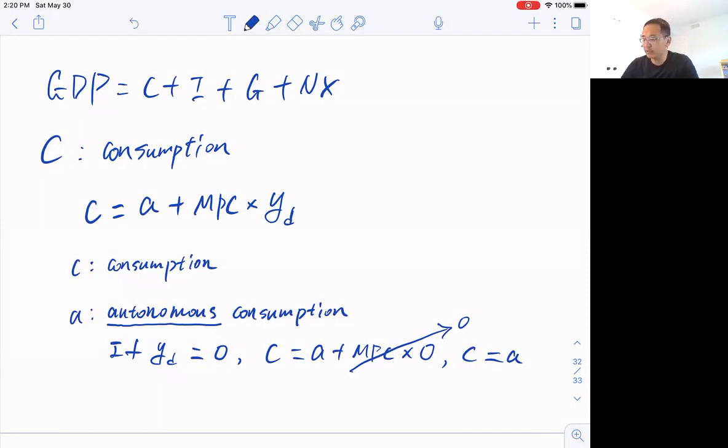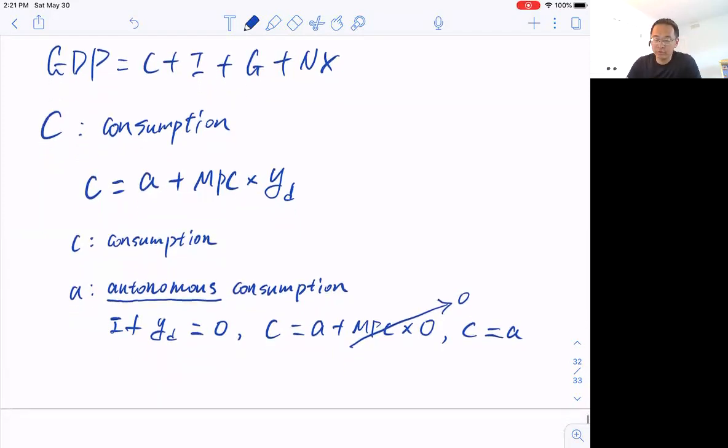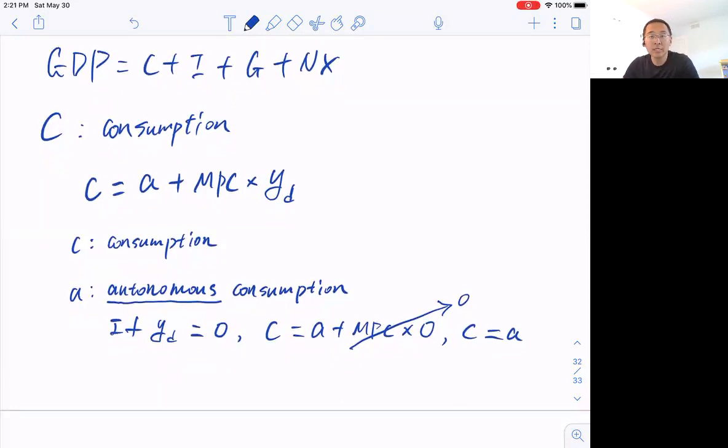You might say, wait a second, if I have no income, how can I consume? Well, this is the idea of what you have to spend on necessities in life. In fact, some of you might be in this boat where you don't have a job and your income is 0, yet every month you still eat food, you still have clothes to wear, and you still have some kind of roof over your head and pay rent.